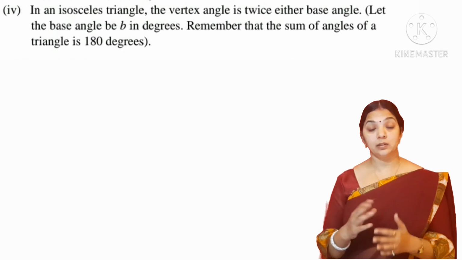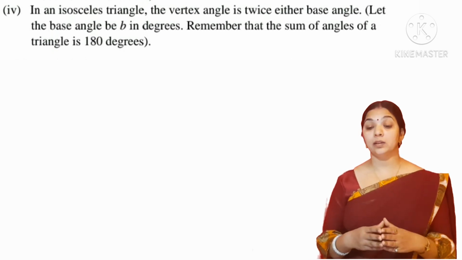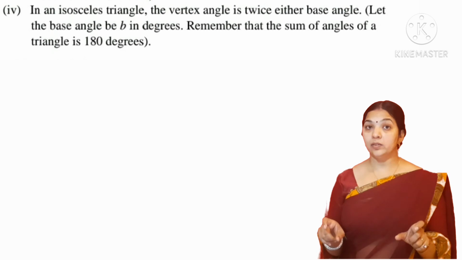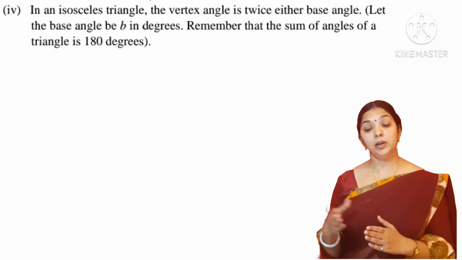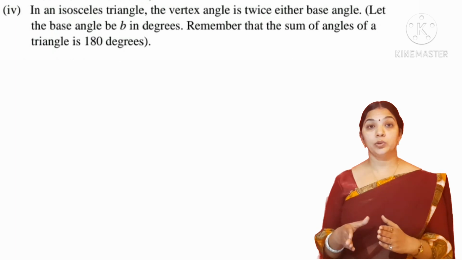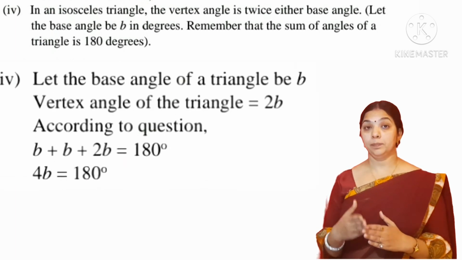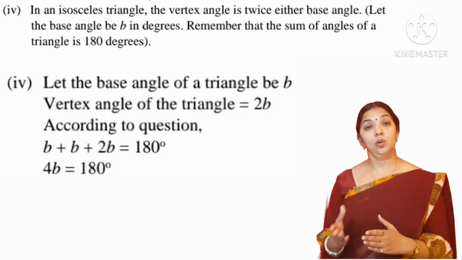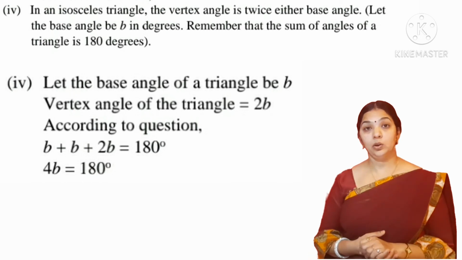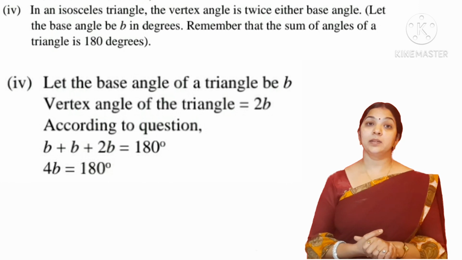As the triangle is isosceles, both base angles will be equal, both B degrees. So the vertex angle of the triangle will be 2B. According to the question, B plus B plus 2B is equal to 180 degrees. So 4B is equal to 180 degrees. So this is how you have to make the equations.